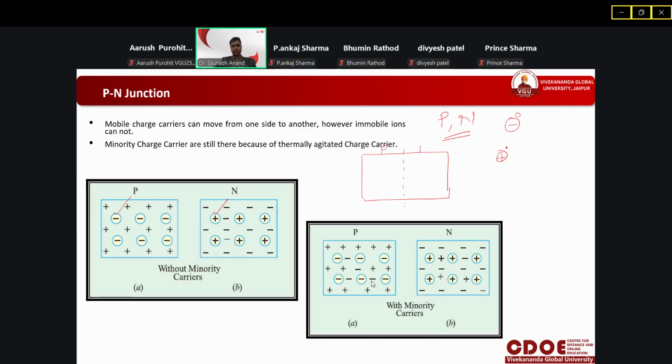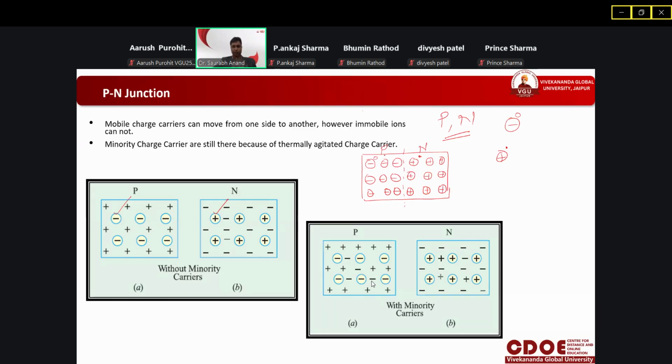So we can make it like this. This is p-type, this is n-type. I have drawn something like this. This is plus. Okay, so this plus or minus is showing whether it is donor or acceptor.